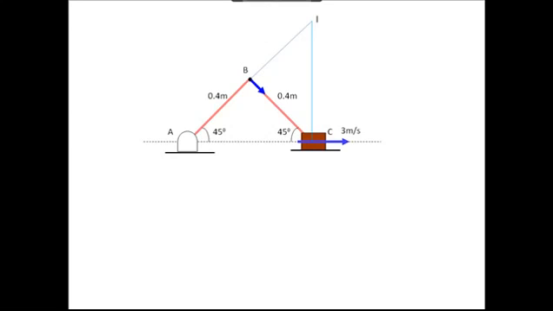So look at B carefully. At B, I have drawn a perpendicular to AB to get the velocity direction, and then I have drawn a perpendicular to this velocity again. In other words, I just extended AB and then drew a perpendicular to the velocity at C, and I got my instantaneous center.